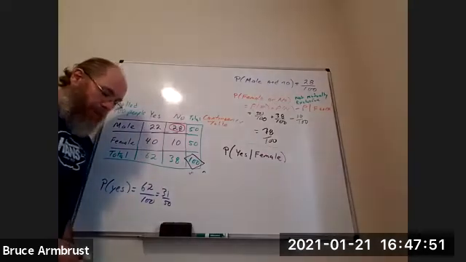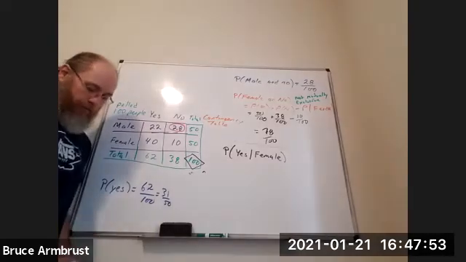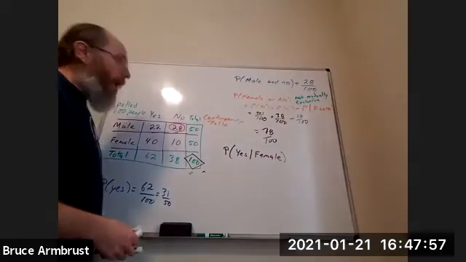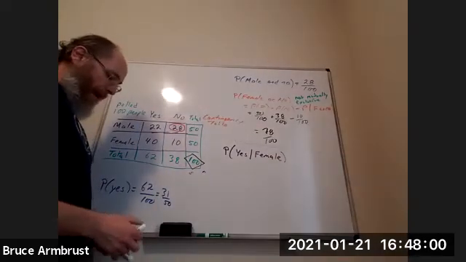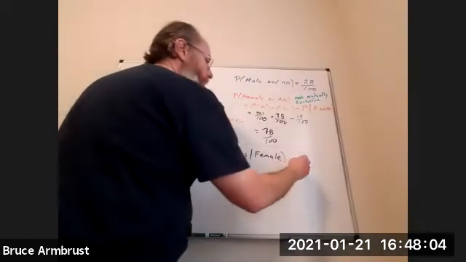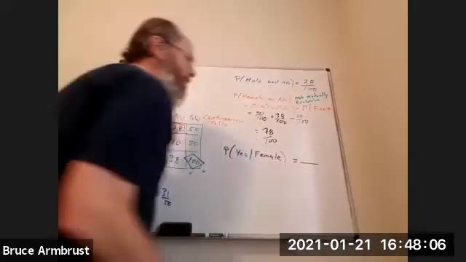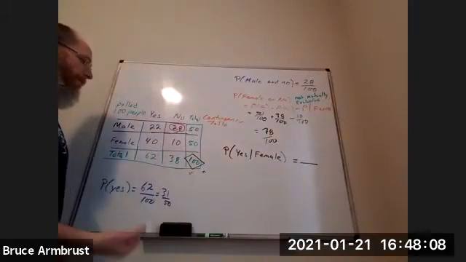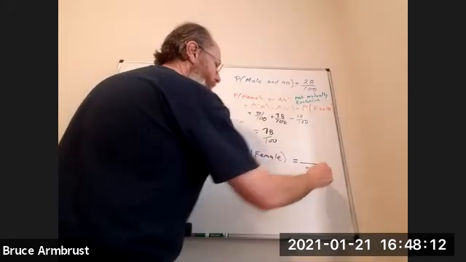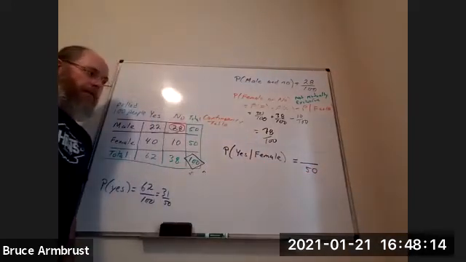So when I build my probability, I know that the bottom of this fraction, the denominator of this fraction, is going to be the number of females, which in this case is 50.